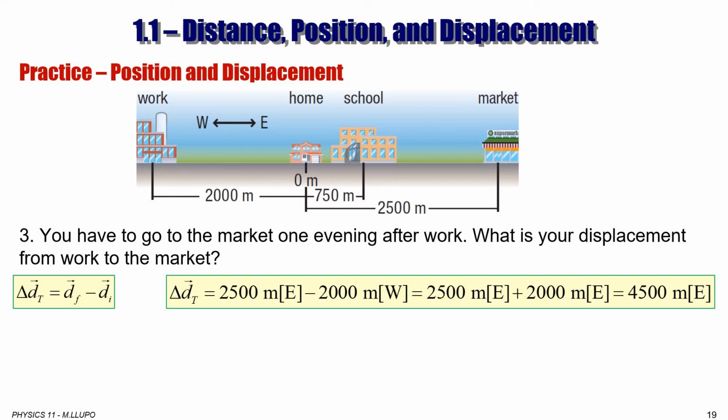Final is market, which is 2,500 meters east, minus 2,000 meters west. Again, we have east and west, so we have to change west to east, and that negative sign in front of 2,000 will become a positive sign. So 2,500 meters east plus 2,000 meters east is 4,500 meters east.